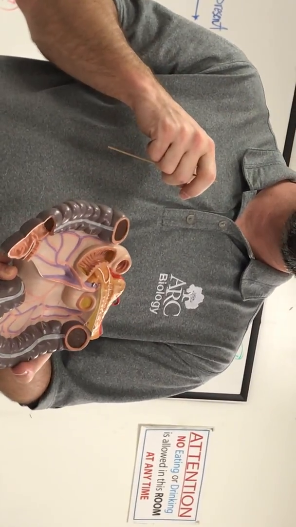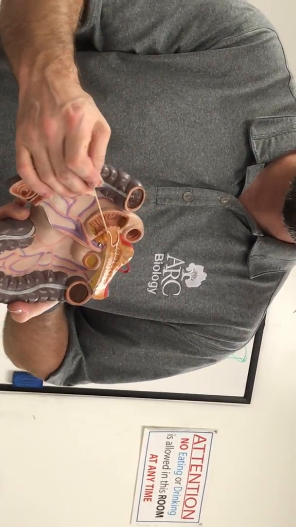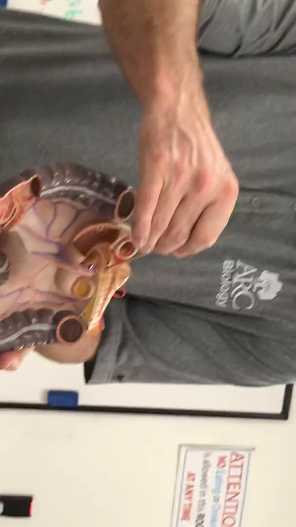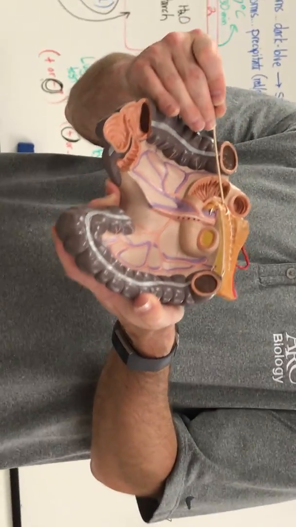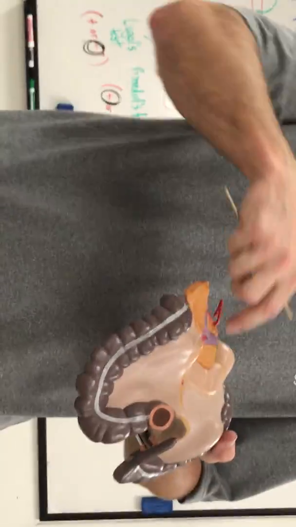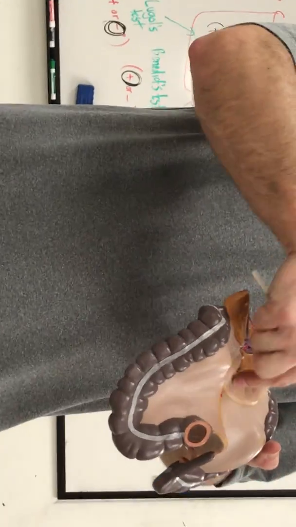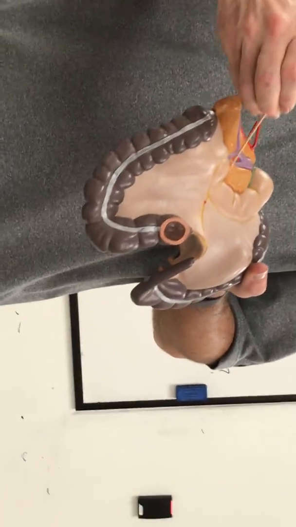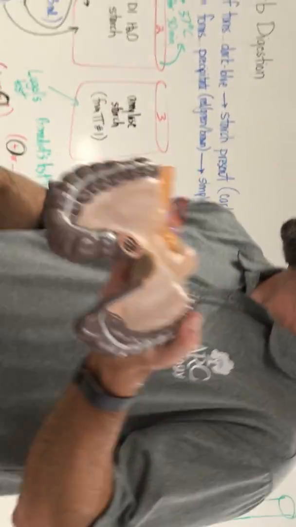The circular folds. The bottom white line there, so it goes all the way across down to here. Main pancreatic duct, and then above it, accessory pancreatic duct. The part of the pancreas that's tucked in the C-shaped duodenum, so right in here. The head. Head of pancreas.